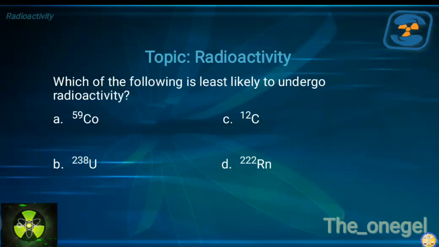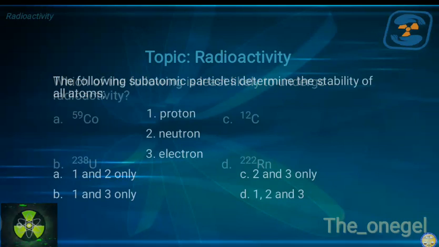Which of the following is least likely to undergo radioactivity? Is it letter A, cobalt-59? Letter B, uranium-238? Letter C, carbon-12? Or letter D, radon-222. Next item.